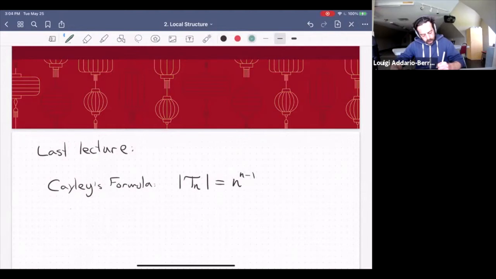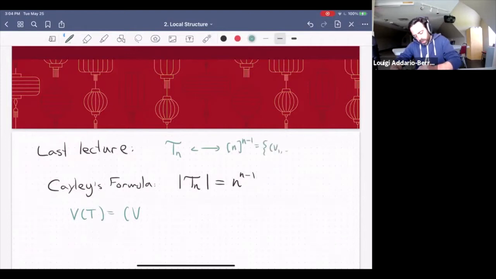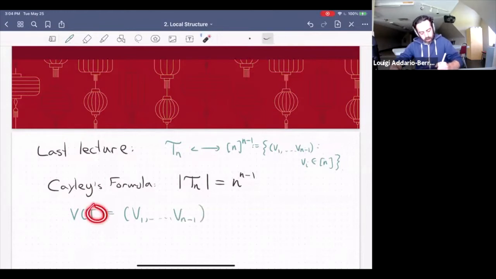I'd written v of t for the sequence, so that we had this bijection between the set Tn and the set of sequences v1 up to vn minus 1, where each term vi is an integer from 1 up to n. Under that bijection, I'd written v of t for the sequence of integers v1 up to vn minus 1 that's obtained from the tree t.